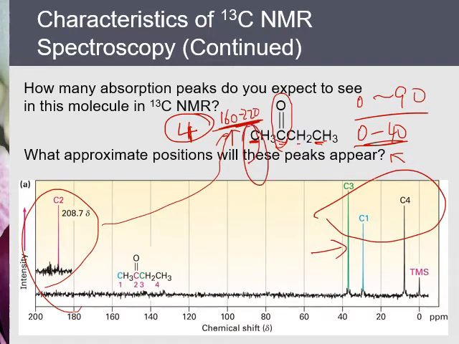So this carbon, because it's closest to the carbonyl carbon, which is also electron withdrawing. And the CH3 is furthest away from carbonyl. So this should be the most upfield, close to 0. And then this CH2 is about 30 ppm in between.